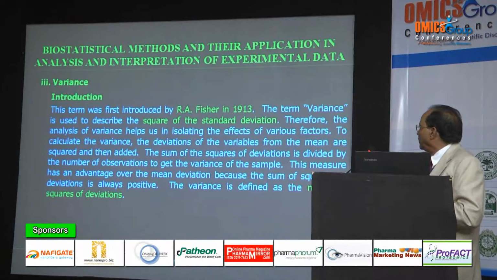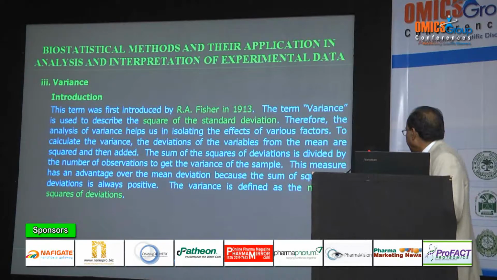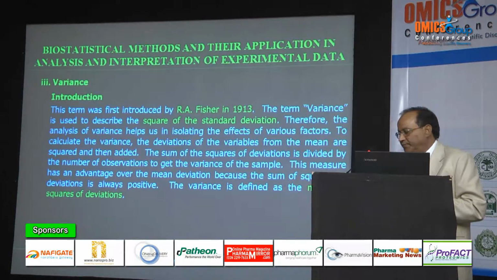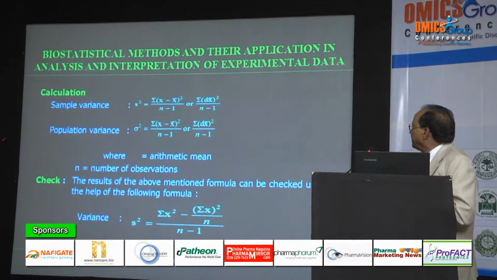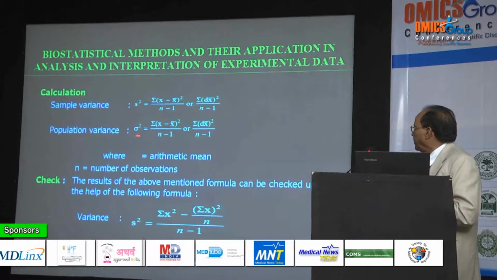Variance, you know, was given in 1913 by R.A. Fisher. This is nothing but the mean of squares of deviations. You can check here the sample variance. I have already told you the population variance.